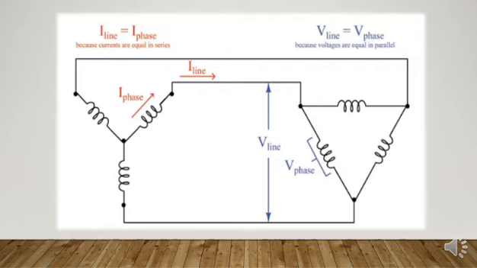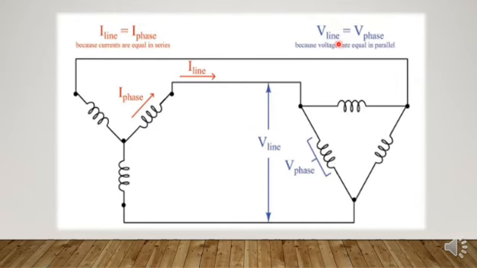So, makikita nyo dito, yung line current is equal to phase current because currents are equal in series. So, itong connection na ito is naka-series sila. So, lahat ng dadaloy na current dyan is magkakapareho. And alam naman natin na pagkapag-series yung connection is same current.